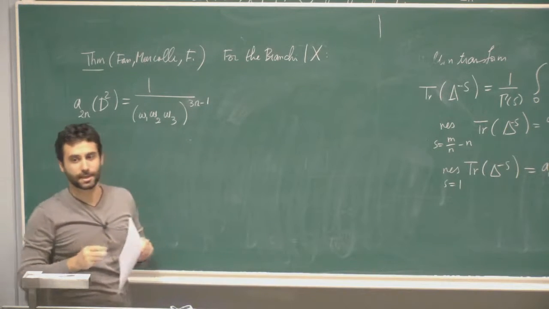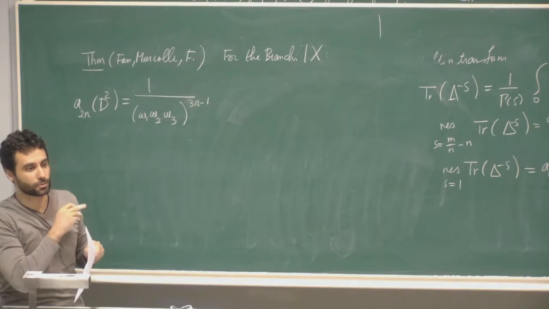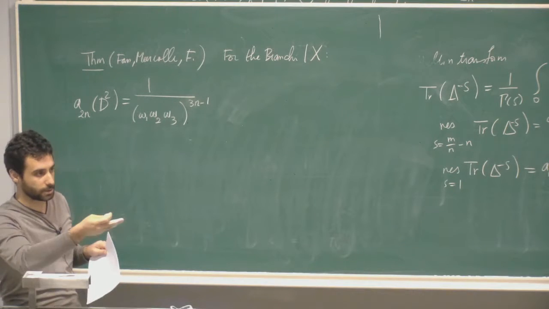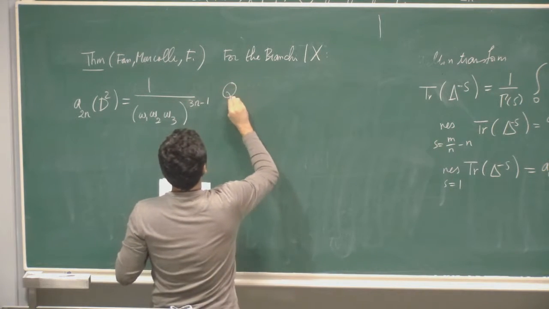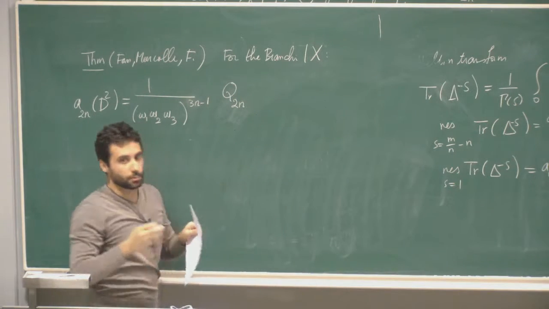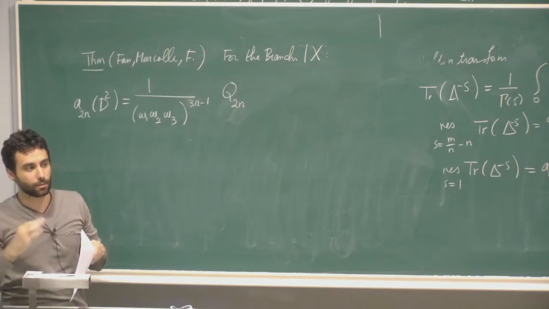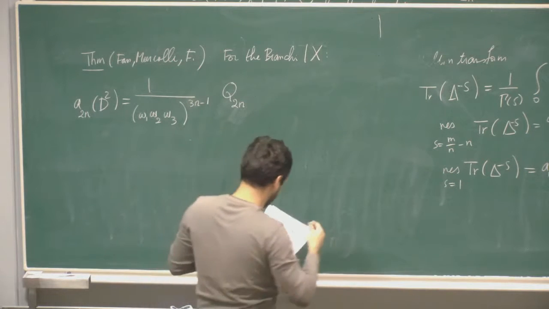Or it's better to say the integral of the expression that I'm going to write with respect to time, and then you integrate over the time interval. So this Q_2n is going to be a polynomial of several variables with only rational coefficients.